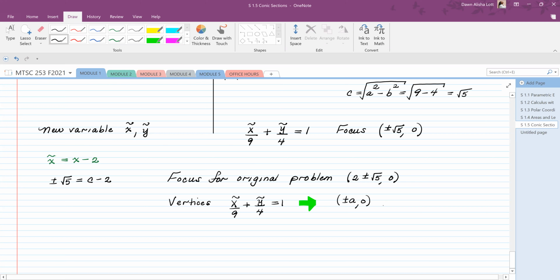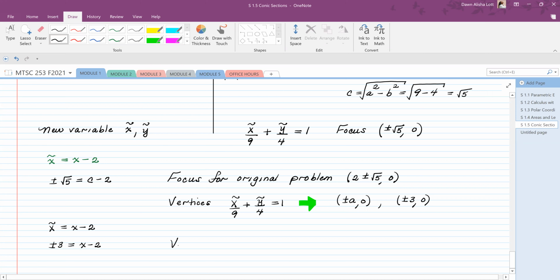So plus or minus A is 3, 0. So therefore, for the vertices of the new problem, x tilde is equal to x minus 2. So these are now plus or minus 3 is equal to x minus 2.